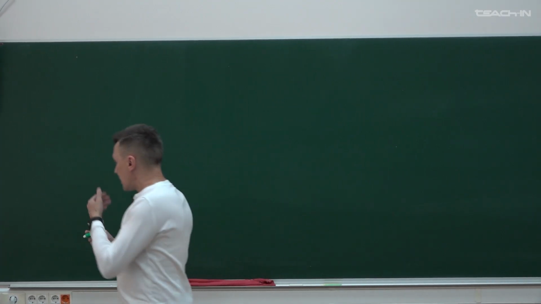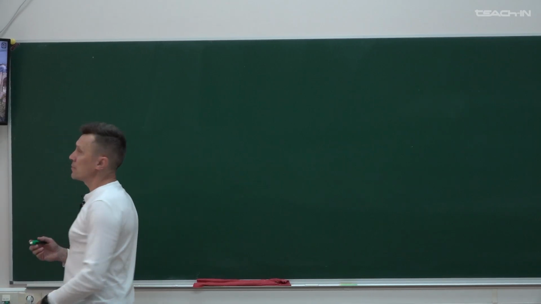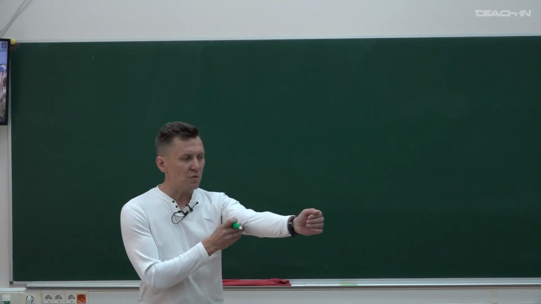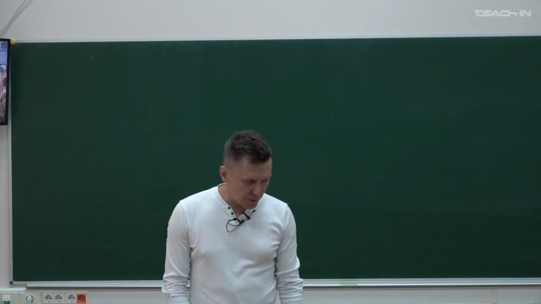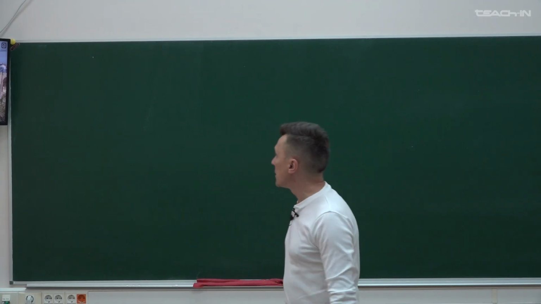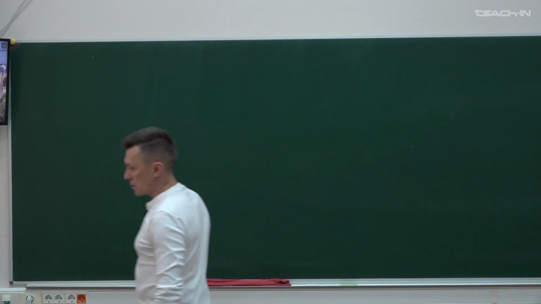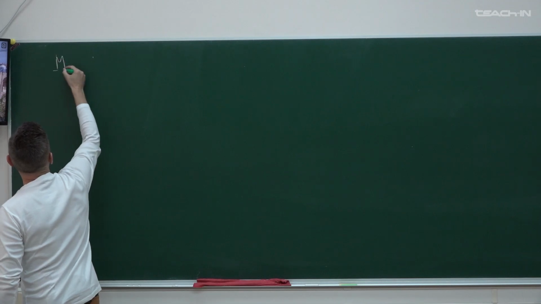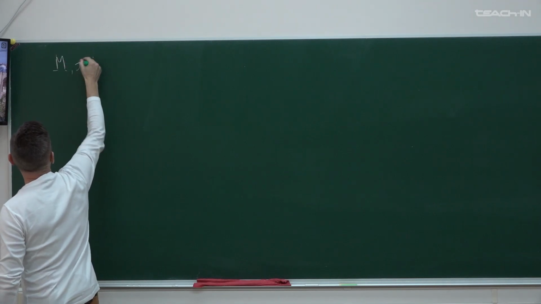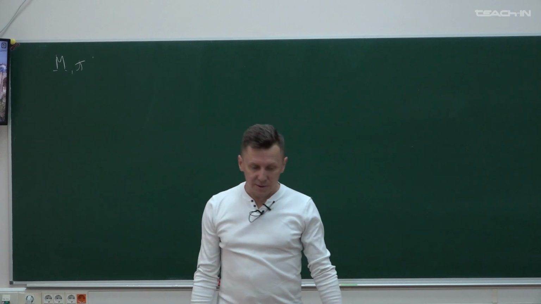We start. And I will repeat the definition of the symplectic leaf of a Poisson variety, which was given last time. So we work in the framework of some Poisson variety.